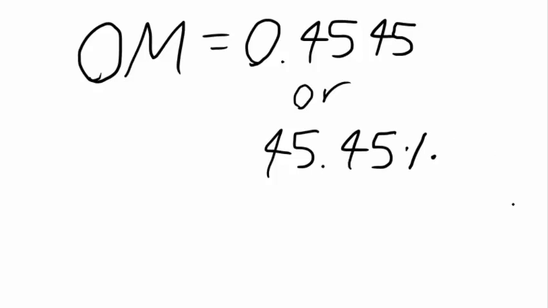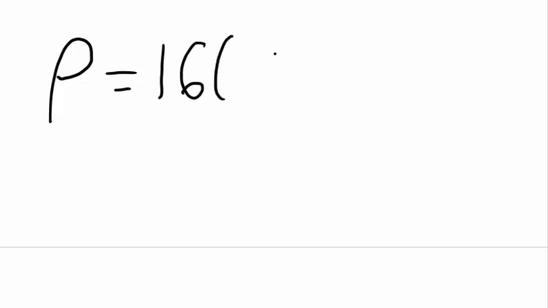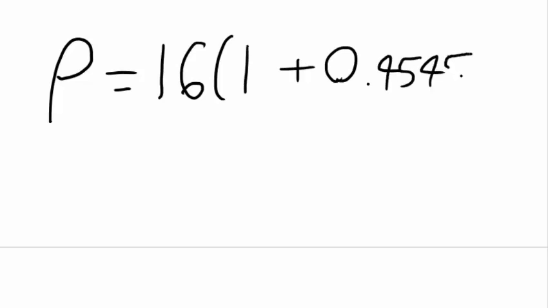Now, if we want to find the price that will lead to the highest profit we can achieve using our optimal markup, we would use the markup formula, which is price equals our cost of 16 times 1 plus 0.4545, which is our optimal markup.